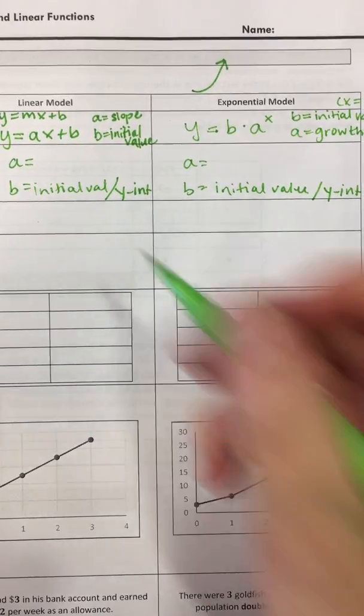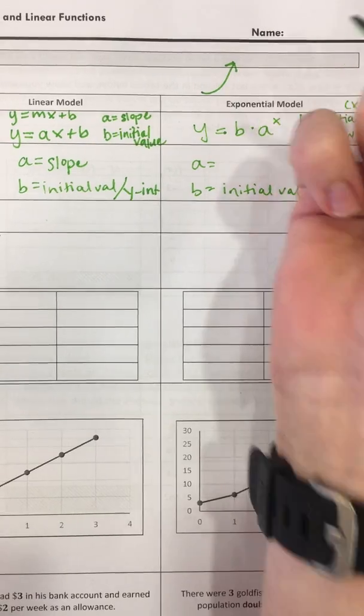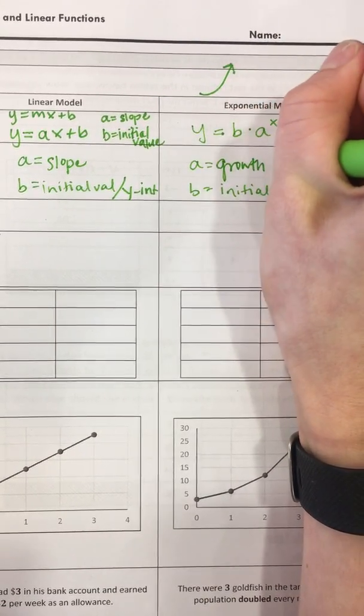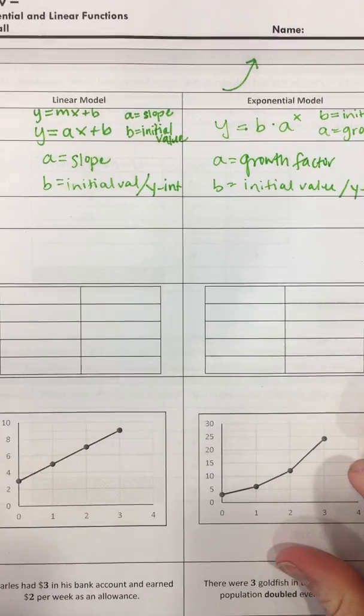And then a, in the linear, we really call it the slope. And in the exponential form, we call it the growth rate or the growth factor. Again, I'm just reminding you of this. I know we just wrote it down twice.